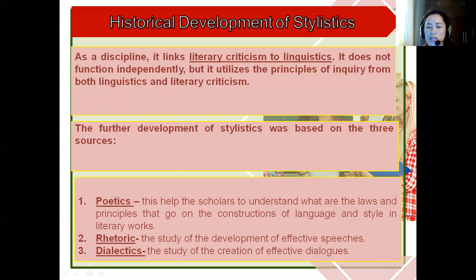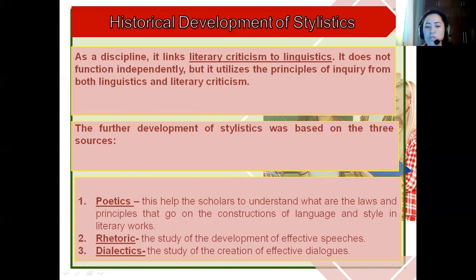Assuming that you are the language scholar of this generation, and you keenly observe the language used in a certain literary work, you will observe the principles and laws governing the construction of that language, because even in a single glance you can observe that there is really a principle dominating a certain literary work.